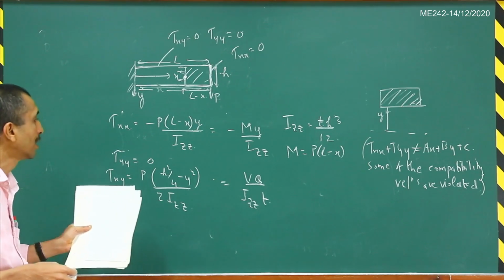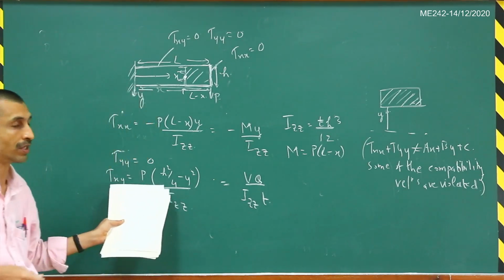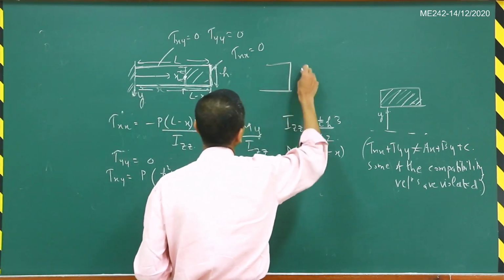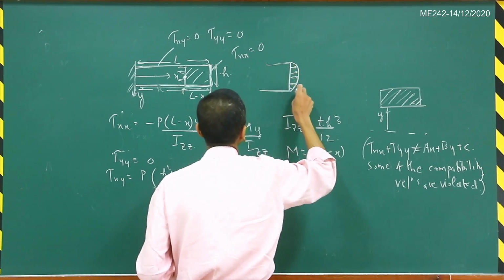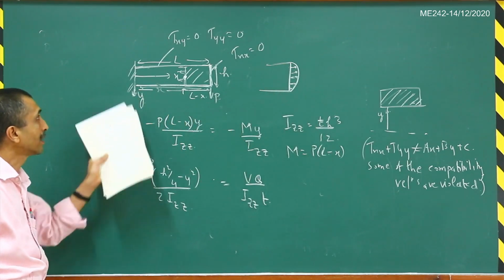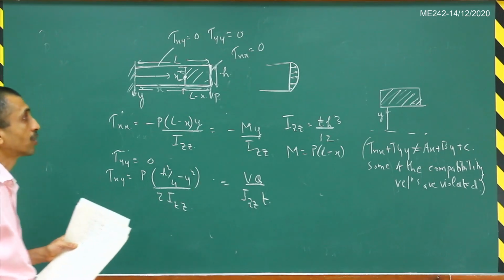Here you can see that this tau xy has a parabolic distribution, right? So let us draw this particular section here. The distribution of the shear is in this parabolic form, right? It is a maximum at the center, and it goes to 0 at the two ends.